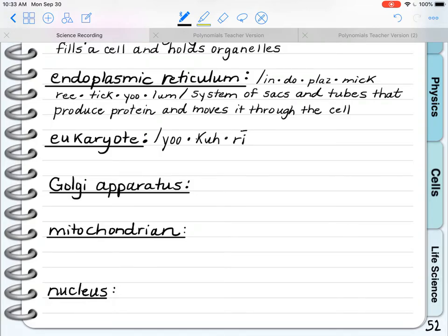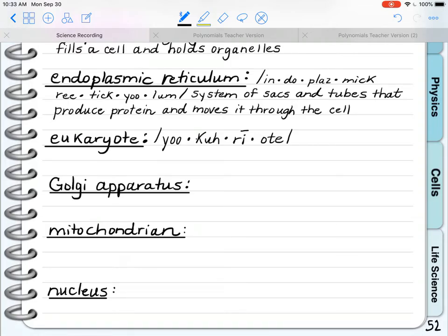Eukaryote. When I was younger, I was told that is eukaryote. And Dr. Burnett, whom I have much respect for, just said, "No, ma'am, that is incorrect. It is eukaryote." So I'm going to go with that pronunciation.